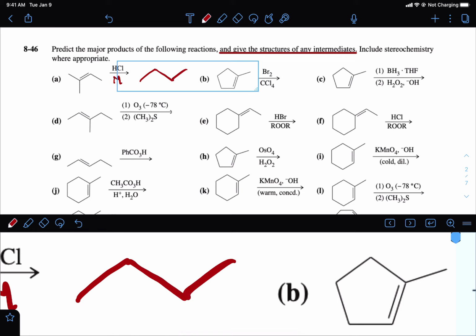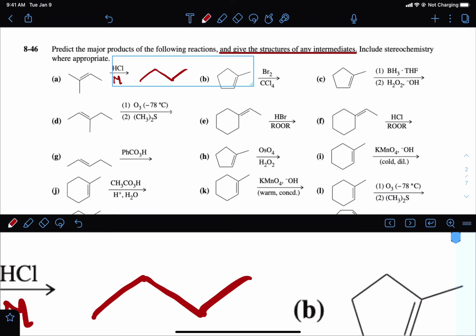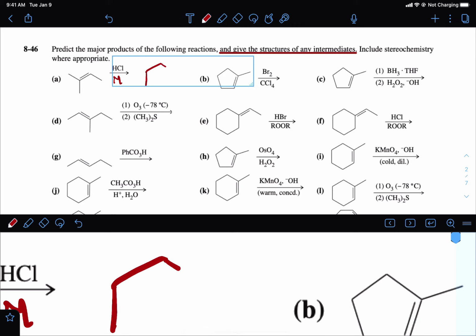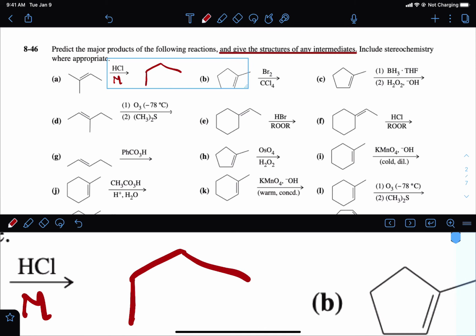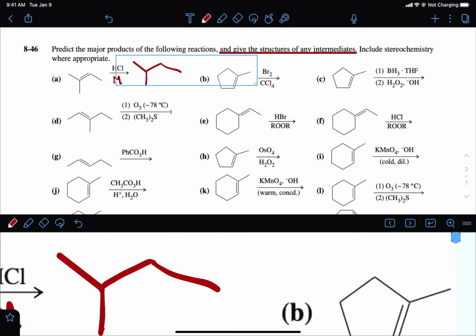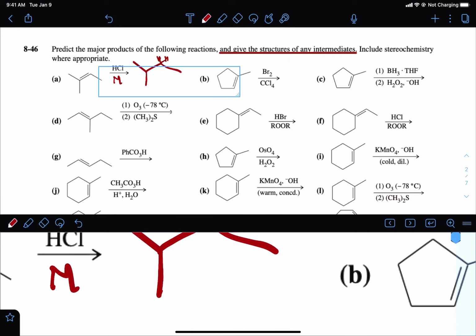The H goes onto the carbon with the most H's. Oops, I did that wrong here. The H goes onto the carbon with the most H's, which is here. The chlorine goes on to the more substituted carbon. Okay, there's your Markovnikov addition.